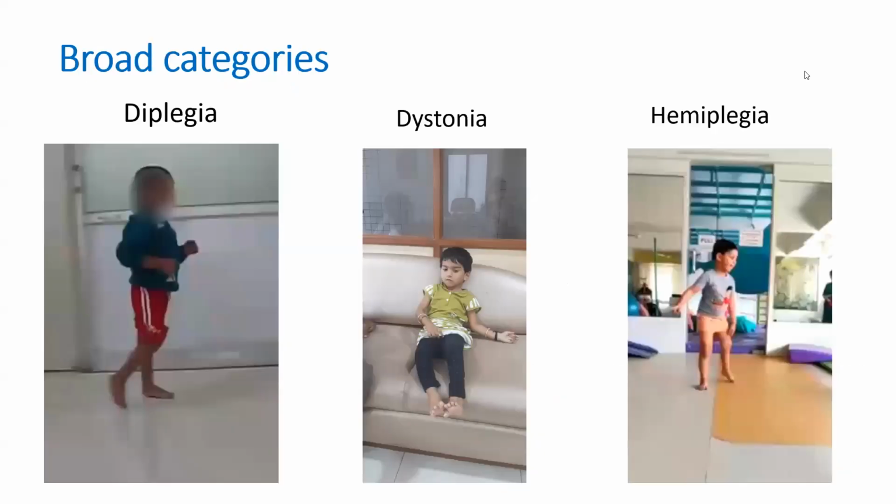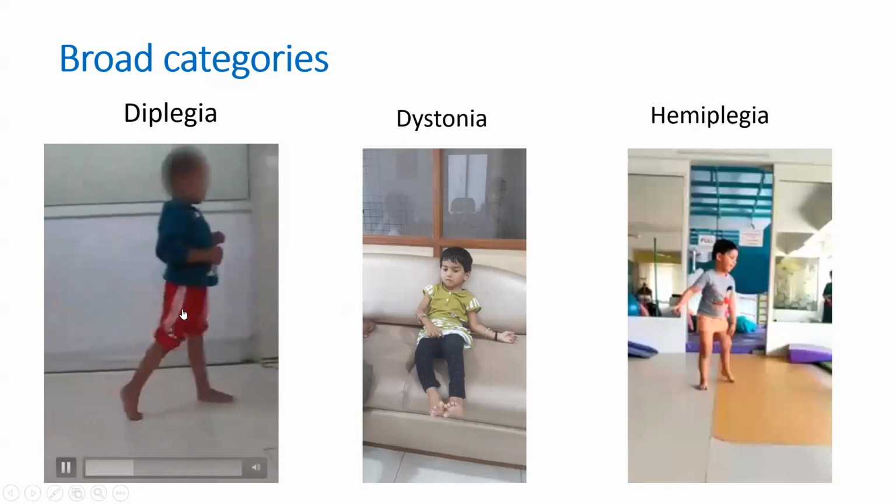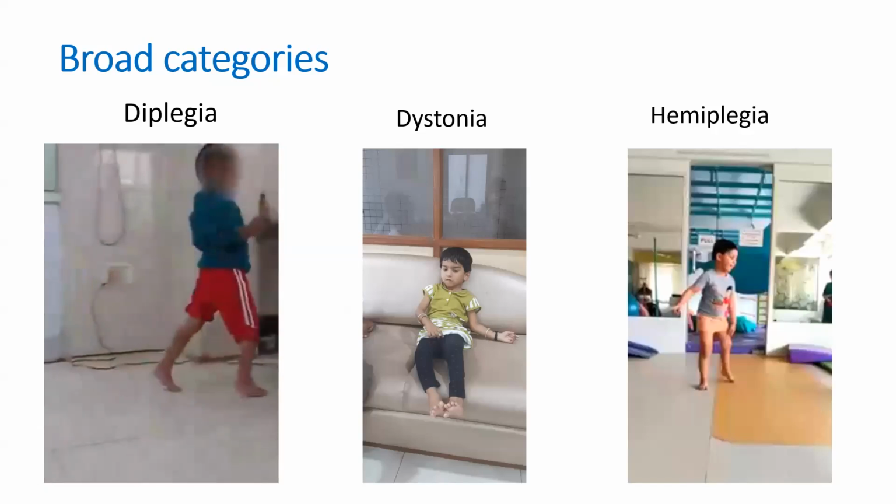Now, there are many classifications and subclassifications of cerebral palsy. But if you look at broad categories, and I'm only mentioning this to give you a clue as to why we need to pin it down as cerebral palsy. So we can put it down as diplegia. These are the ones who clearly walk on their toes.